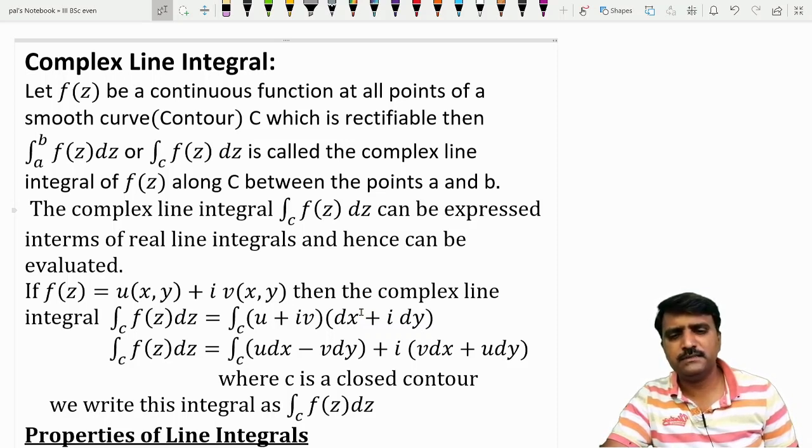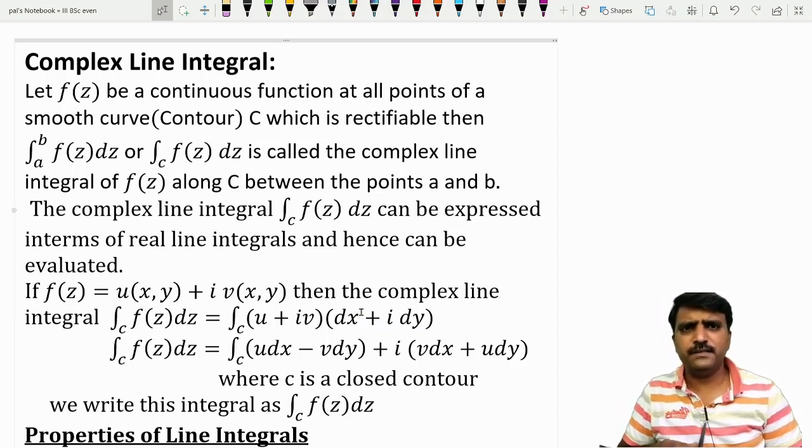So that means when the complex valued function is given, we have to make some simplification, and only after that can we evaluate this. So actually, what is the difference between complex integration and real integration?